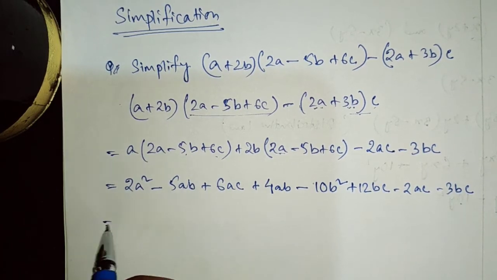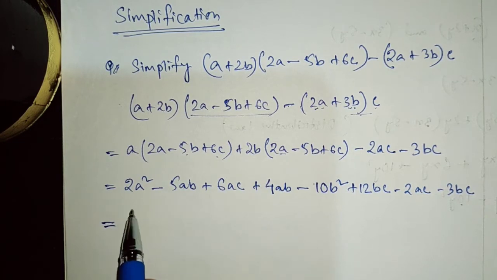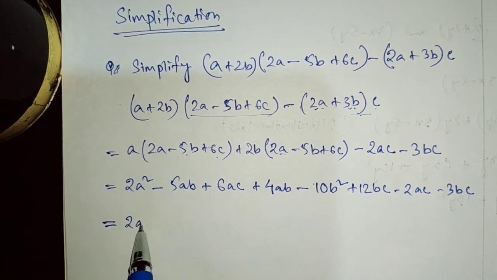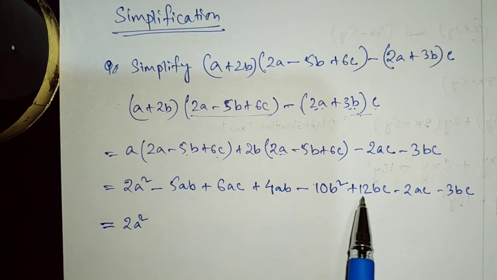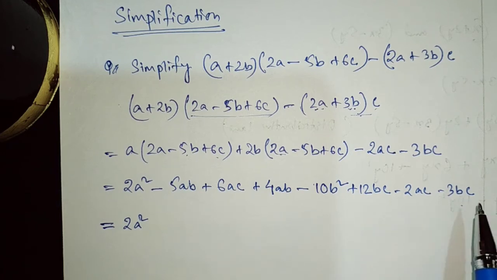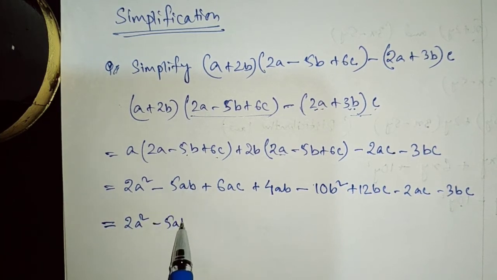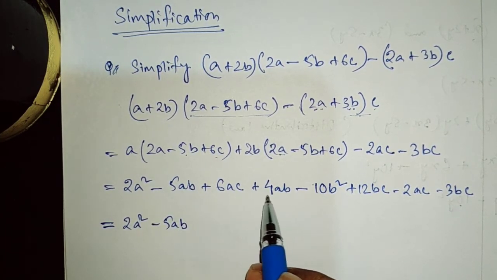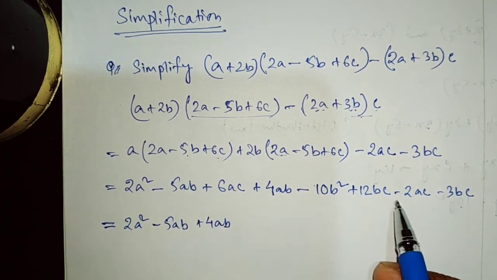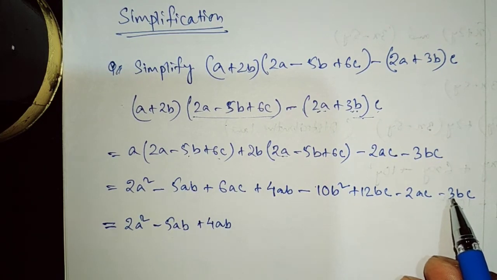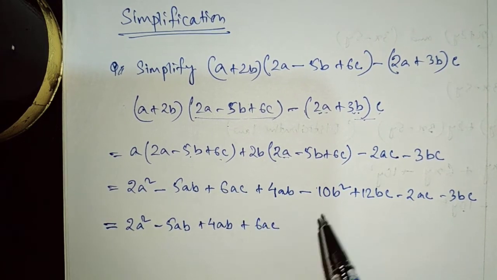Now our next step will be to rearrange all the like terms. So first is our 2a square. We should check whether we have more a square terms or not. We don't have any more a square terms. Then we'll move on to ab: minus 5ab, then here we have plus 4ab, then again we don't have any more ab. After ab we'll go for ac: plus 6ac.